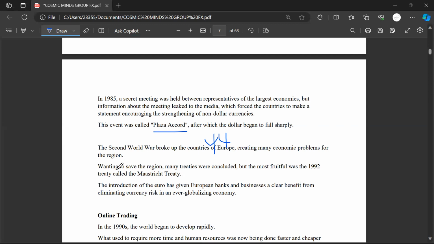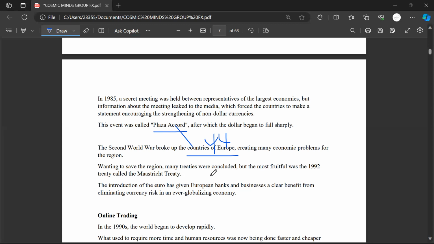Now, the Second World War broke this system, creating many economic problems for the region. Wanting to save the region, many treaties and agreements were concluded, but the most fruitful was the 1992 treaty called what?